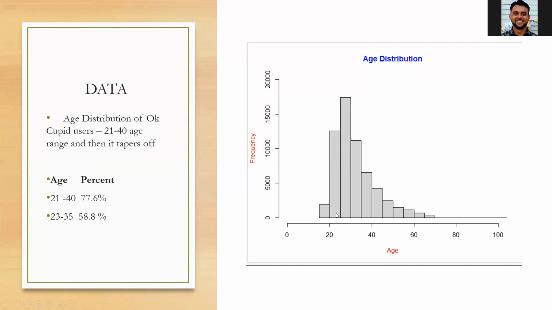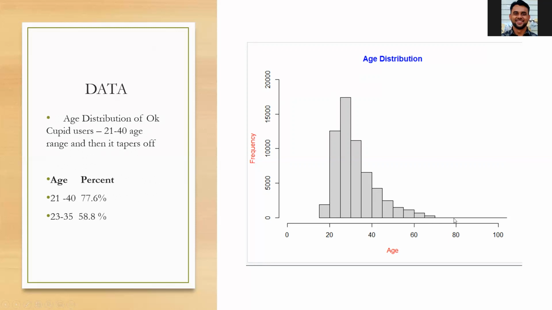So from this, we can infer that mainly the people that join OkCupid follow the age range from 20 to 40, 45. And the higher the age, as you can see, the lower the user count. Past 60, there are very few.